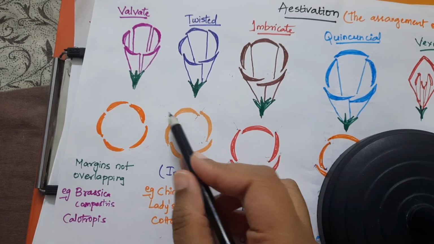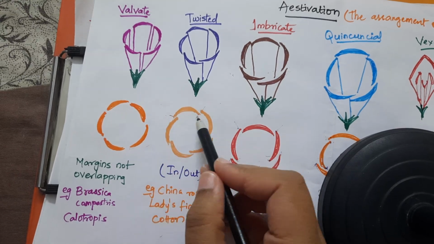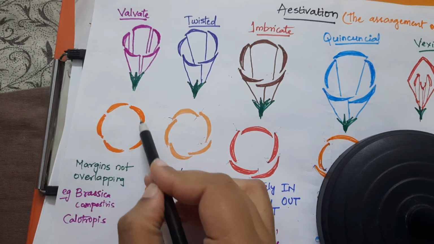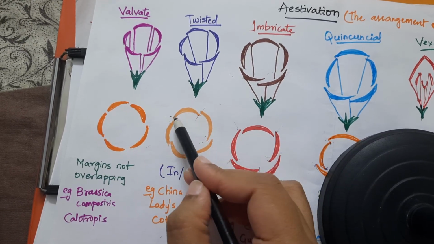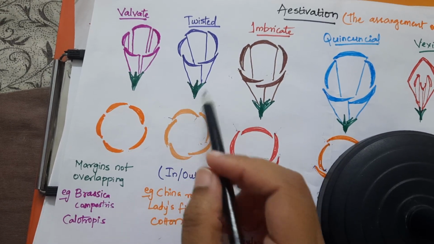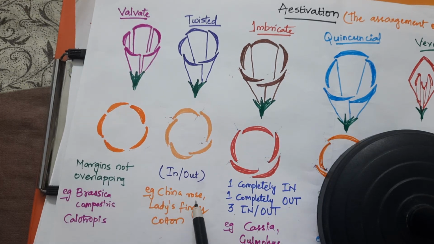So an in and out type of arrangement is seen. Here it is not overlapping, but one is towards the inner and one is towards the outer side. This type of arrangement is known as the twisted estivation, which is seen in the hibiscus, that is the China rose, lady's finger and the cotton.